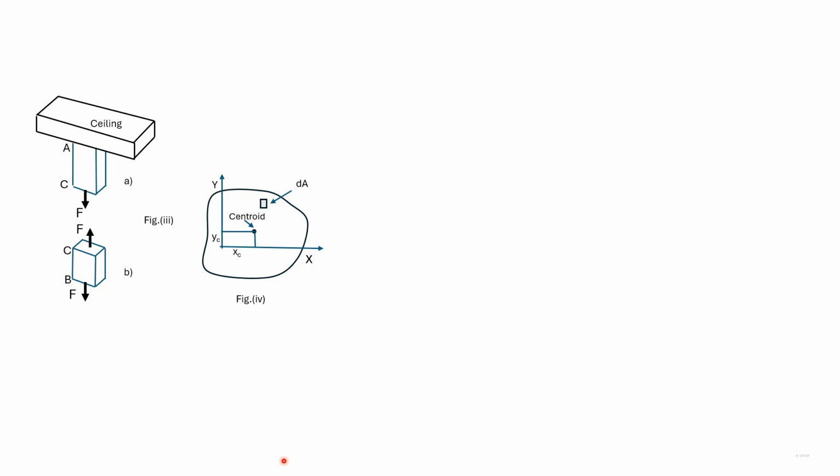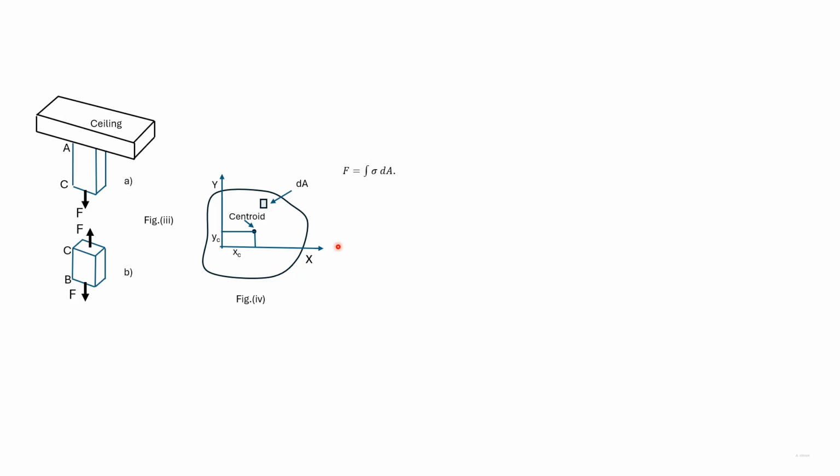So here we have an arbitrary cross-section. Let this cross-section be subjected to a constant stress sigma. Then this small area will be subjected to a force sigma dA. If F is the force acting on the whole cross-section, then F will be given as the integral of sigma dA.